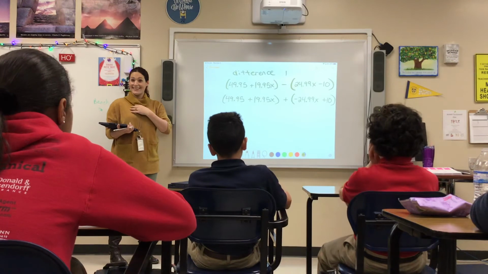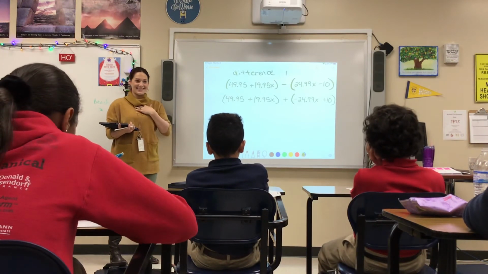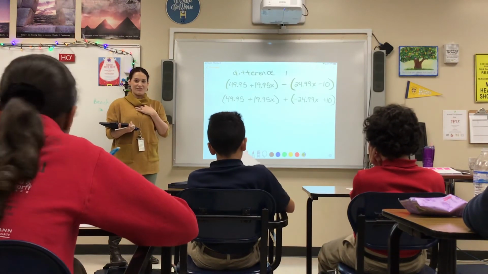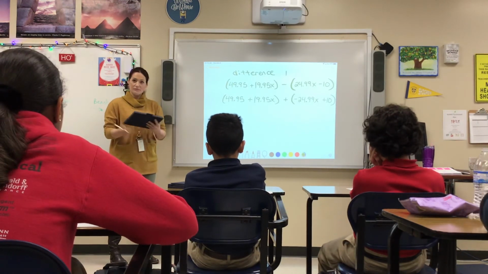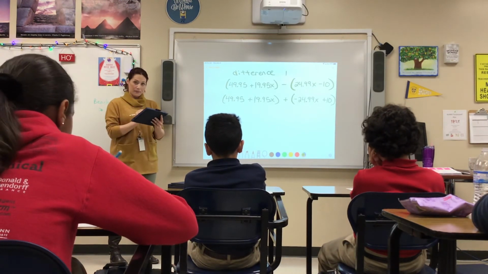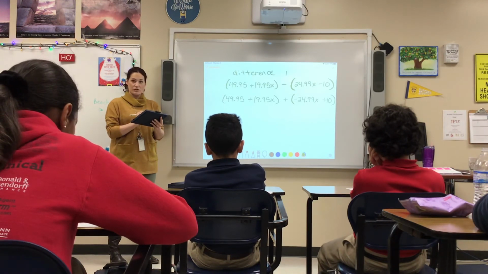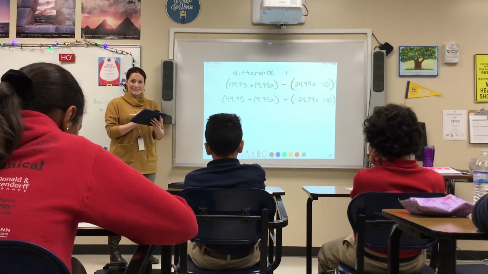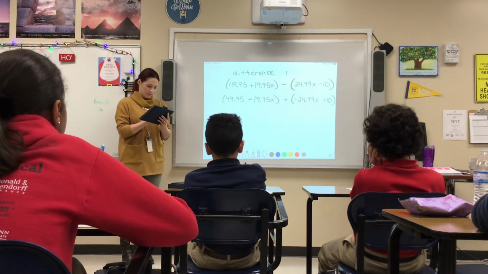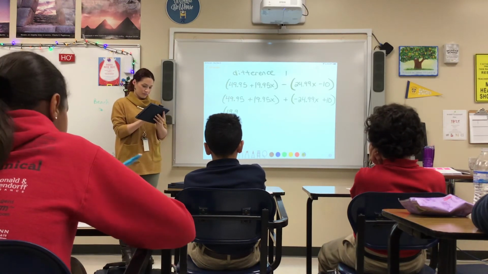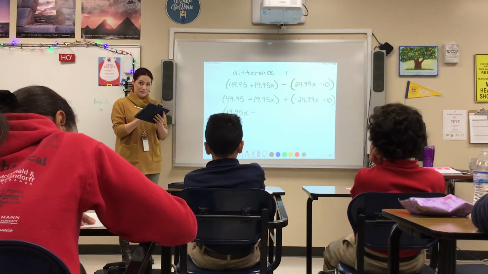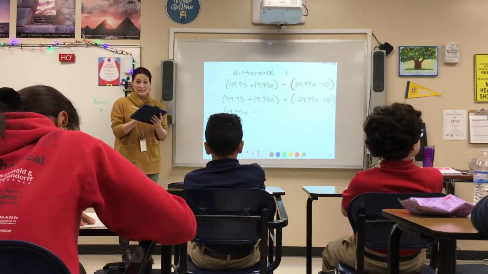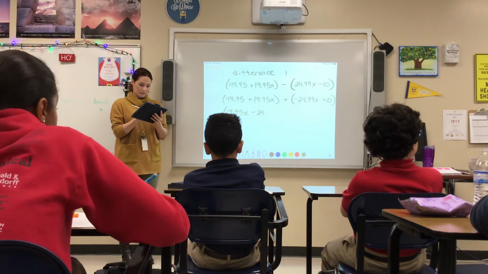Now what? Evelyn. Okay. So we add the first two. What do you mean, first two? Oh, sorry. Yeah, we haven't done that yet. $19.95x, we put a minus sign, $24.99x.